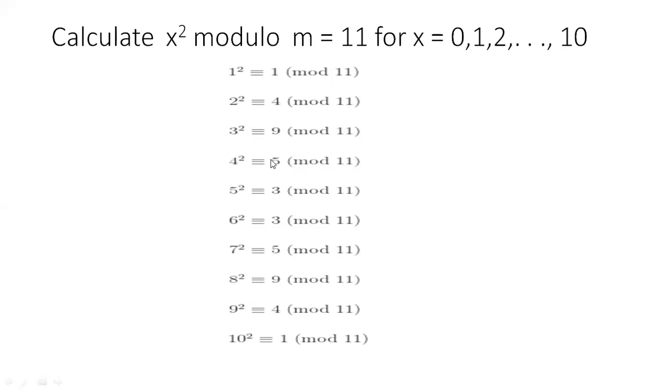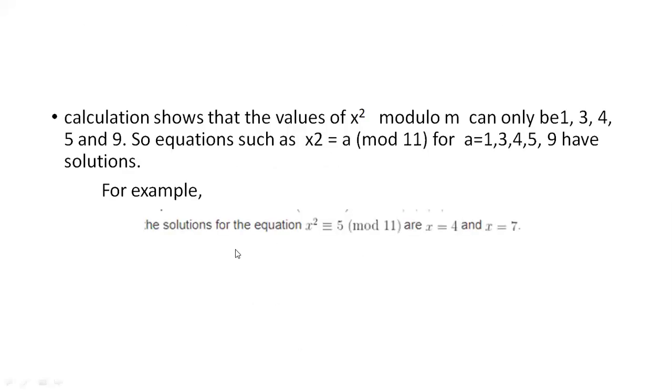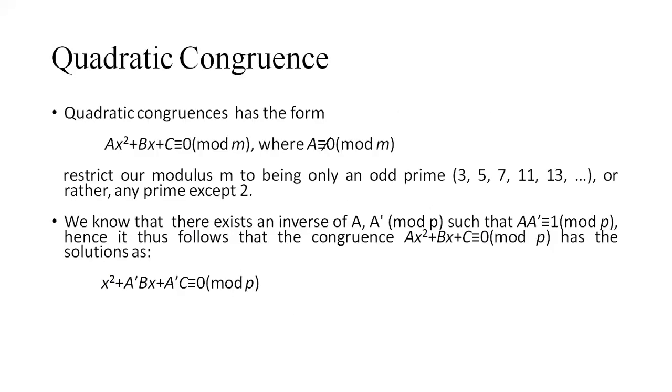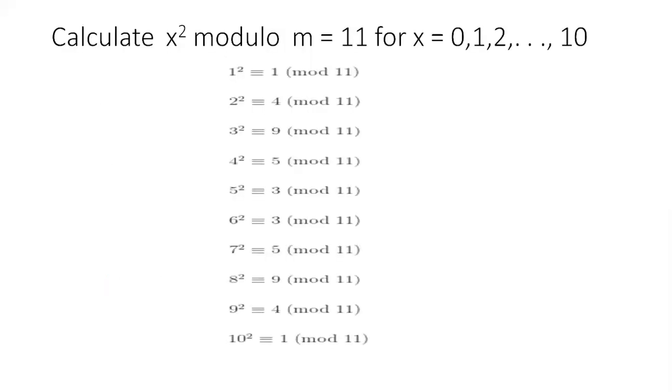So we are getting a equal to 5 for two different values, x equal to 4 and x equal to 7. Hence the equation x square congruent to a mod 11 has a solution, but that need not be the case always. The purpose of quadratic congruence is to check whether an equation of the form ax square plus bx plus c congruent to 0 mod m has a solution or not.